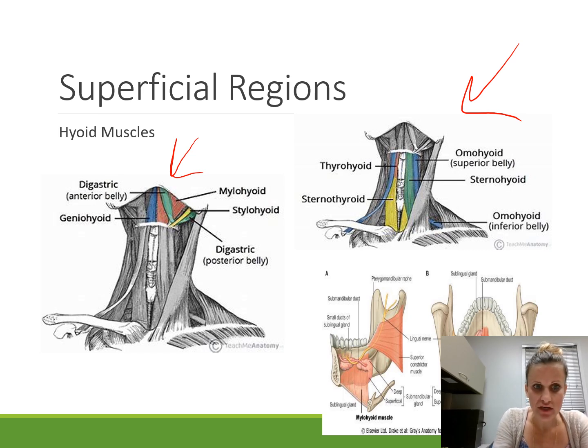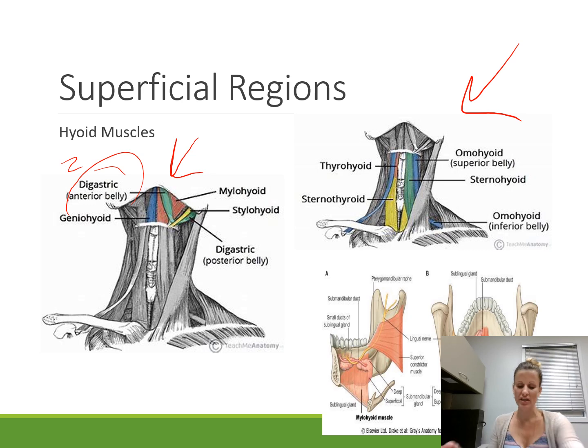The digastric, okay, di meaning two, gastric like stomach, so digastric means two bellies. Looking at the digastric, there's an anterior belly right here, and then a posterior belly right here. They're connected at something called the intermediate tendon.